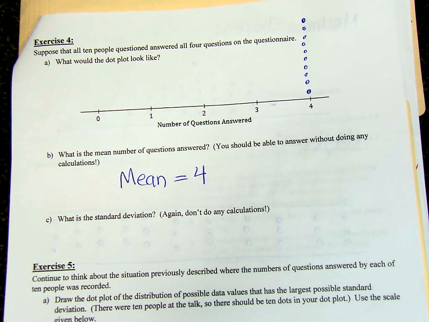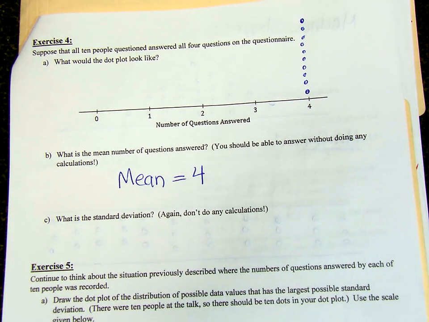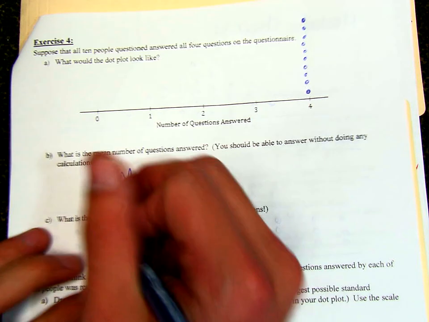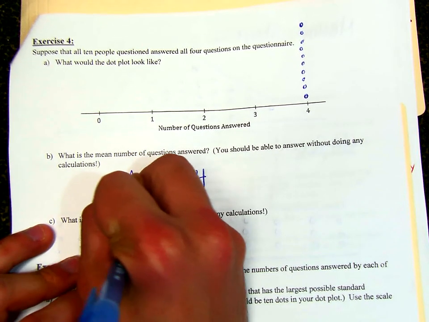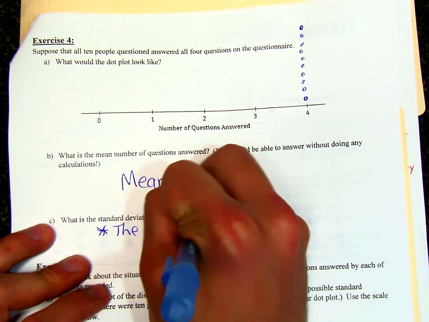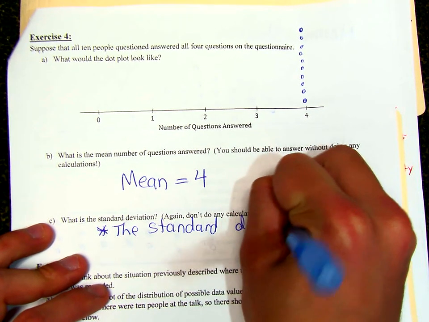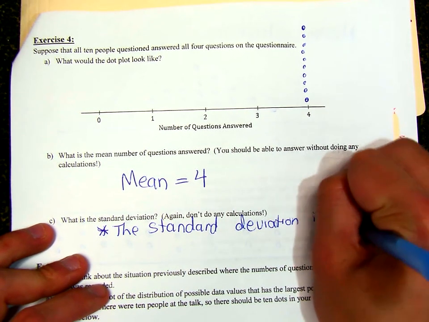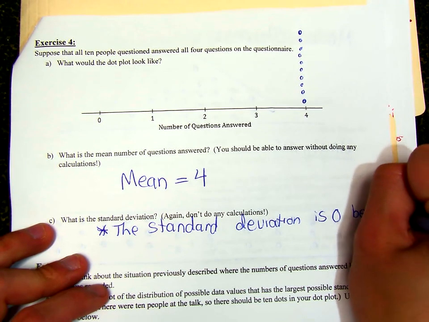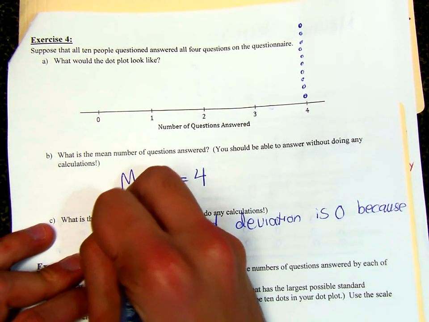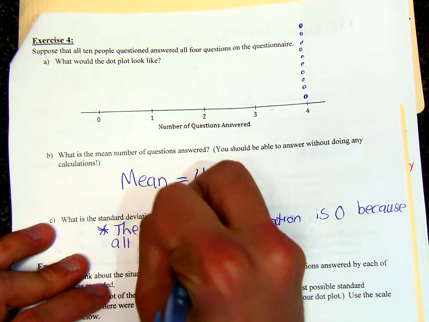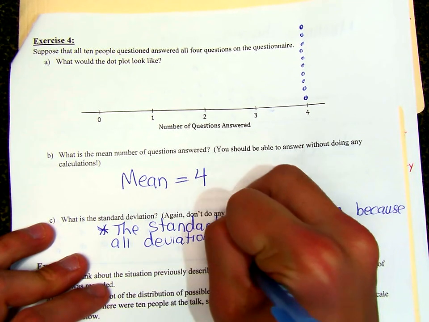And how could we find the standard deviation? Well, how are each one of these values going to deviate from 4, or change from 4? They're not at all. So the standard deviation is 0, because all deviations from the mean are 0.